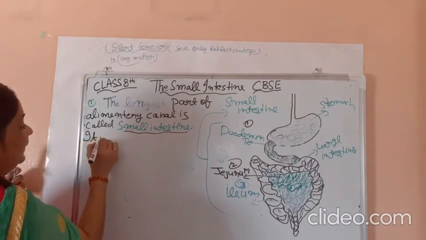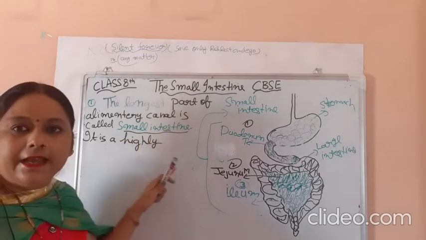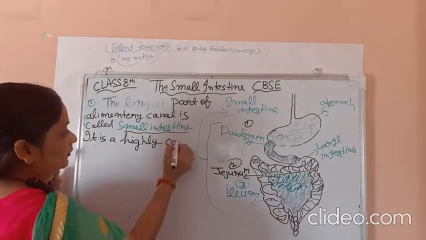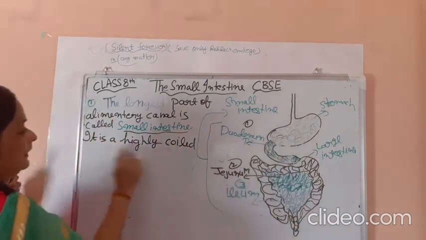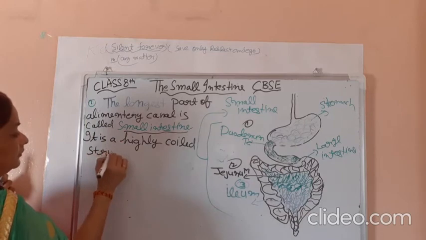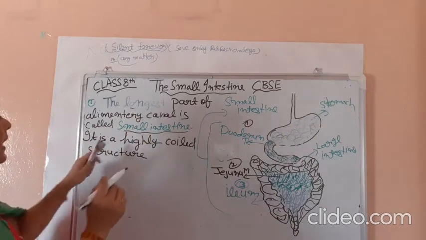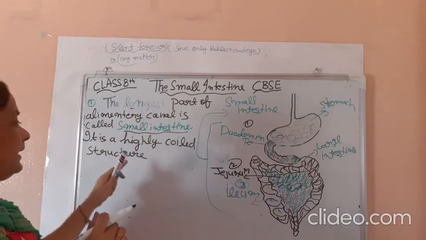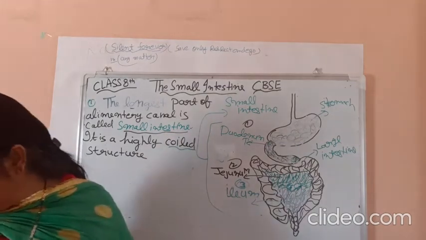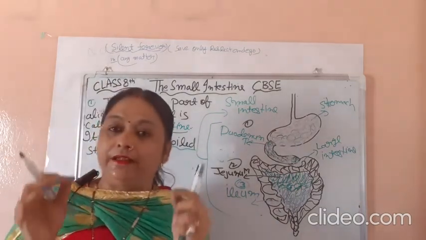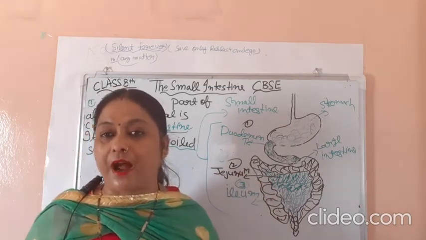Underline this: it is a highly coiled structure. The longest part of the alimentary canal is called the small intestine. It is a highly coiled structure. Underline this. And the length of the small intestine is 7.5 meters.